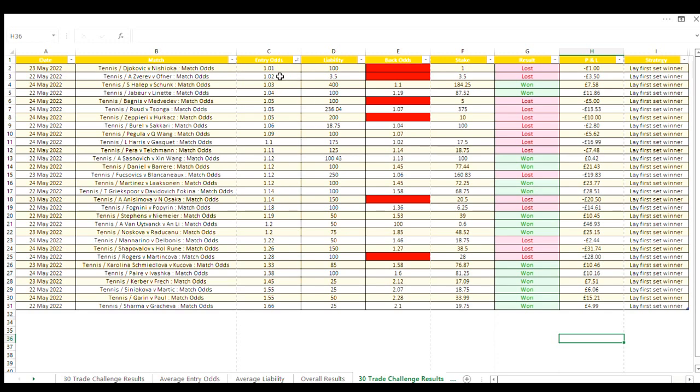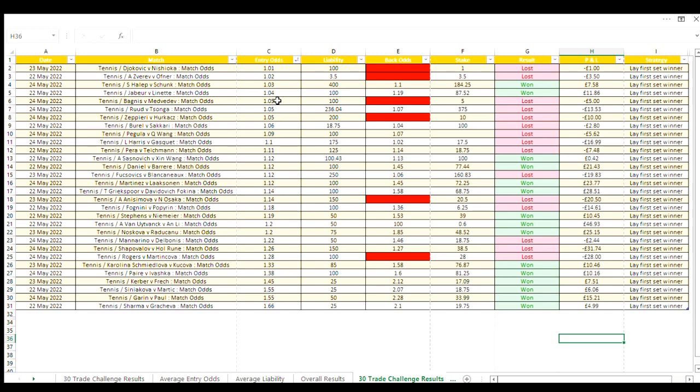We've traded a match at 1.01, and it was £100 liability, a £1 stake. We've lost the trade, and yeah, not so good. We've done the same again at 1.02. We've lost the trade. We've not even gotten matched. We've done it again at 1.03. We have gotten matched. We won that trade at 1.03. We won 758.